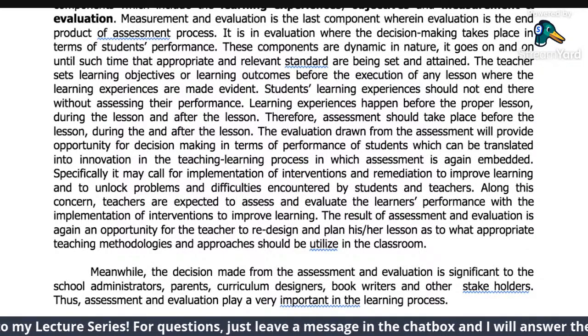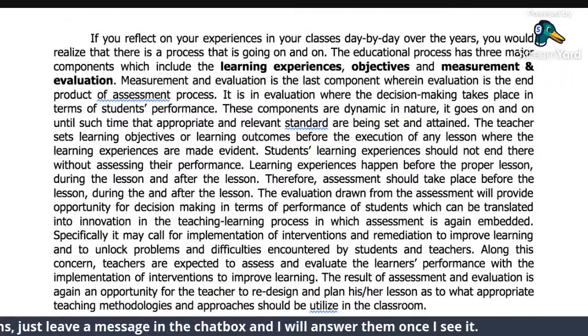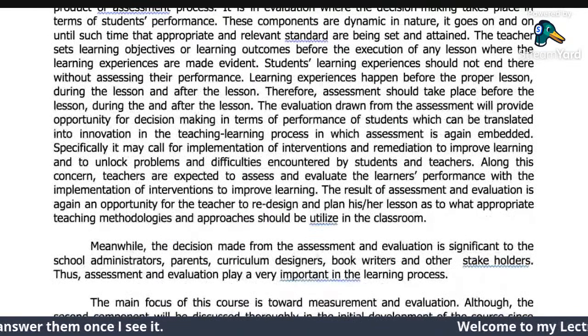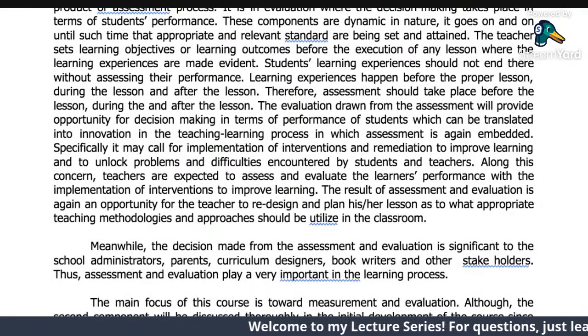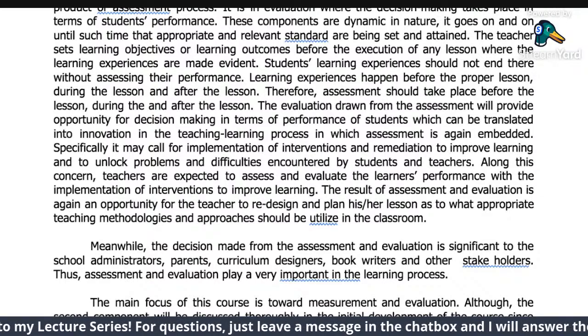So in the educational process, these components are dynamic in nature. It goes on and on until such time that appropriate and relevant standards are set and attained. The teacher sets learning objectives or learning outcomes before the execution of any lesson, where the learning process is made evident.